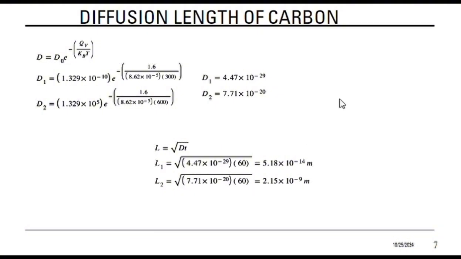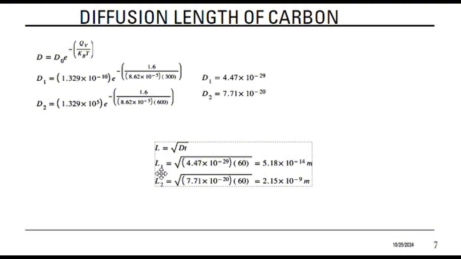And when you plug all that in, D1 is equal to 4.47 times 10 to the negative 29, and D2 is equal to 7.71 times 10 to the negative 20, which will later correspond with our diffusion length, L. We know D stands for diffusion, and t stands for time, 60 seconds.